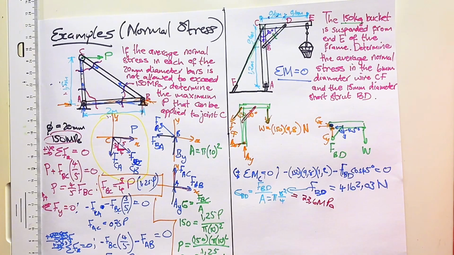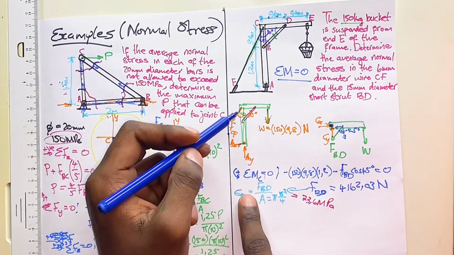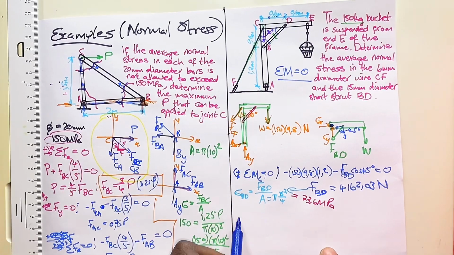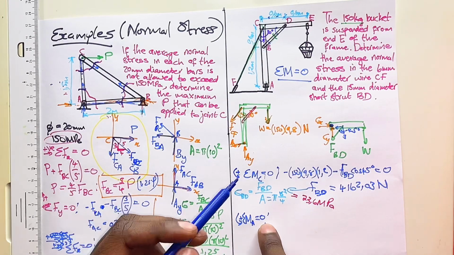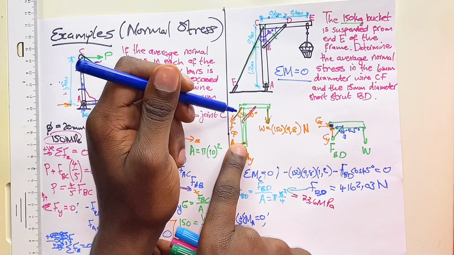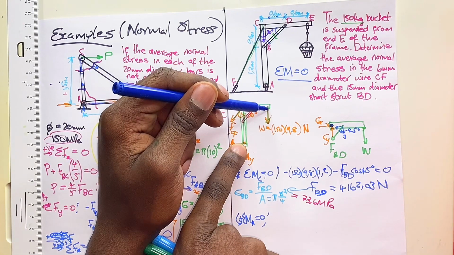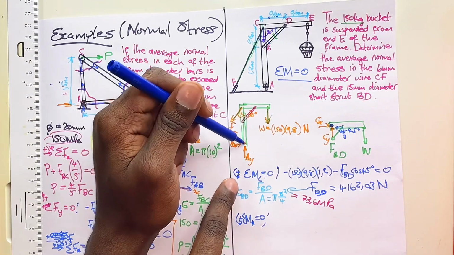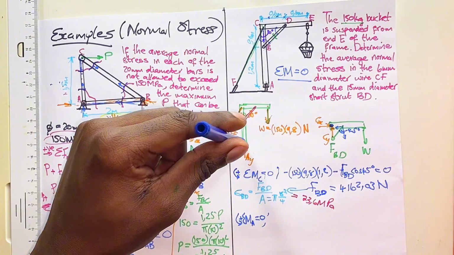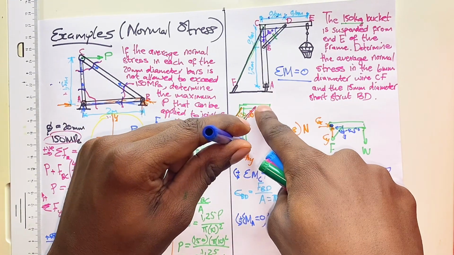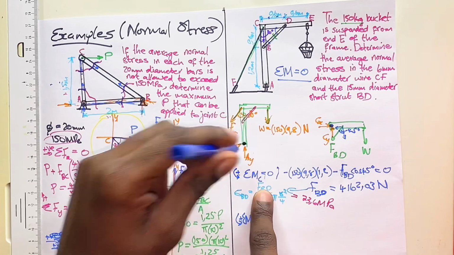Now again, using this larger free body diagram and looking for moments about A, the sum of moments about A must give me 0. Now what forces cause moments about A? The first one will also be the weight, because if you look at A here, saying that's our axis of rotation, W will be causing the structure to rotate in a clockwise direction.